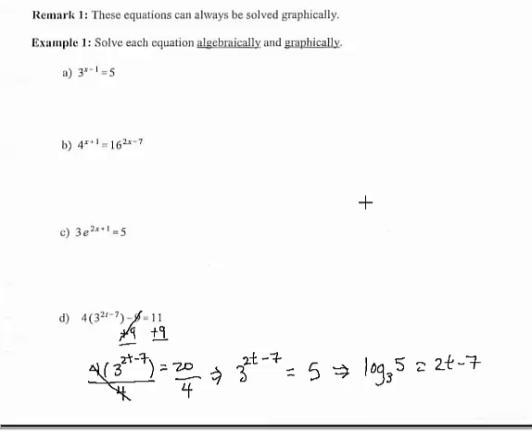Need a little more room here to work out the rest of the steps. Alright, so we want to get the t by itself, and we have to add 7 to both sides.